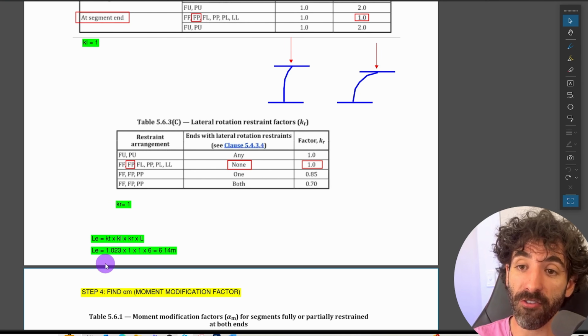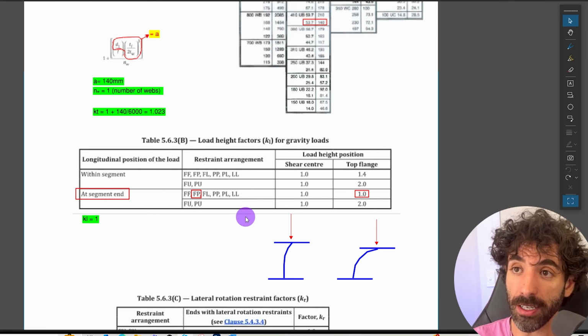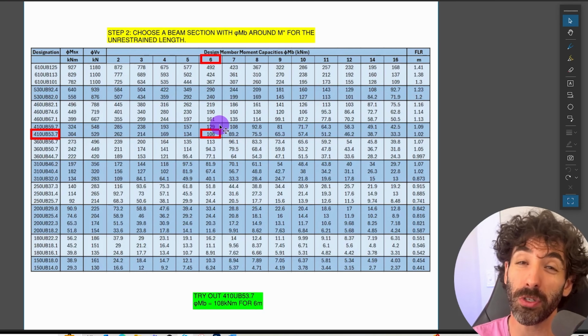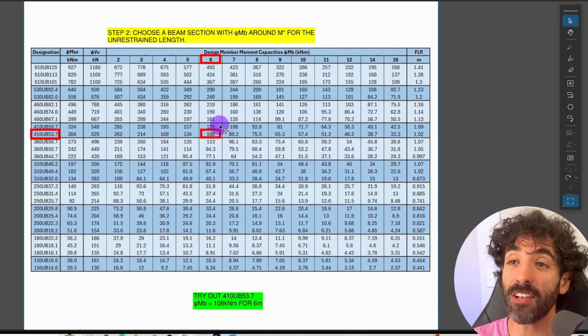We have the effective length, which is 6.14. So you could come back to this table and then find the value in between 6 and 7, which is 6.14. You could interpolate those numbers and find a value that is greater than 150 kilonewton meter. Right?